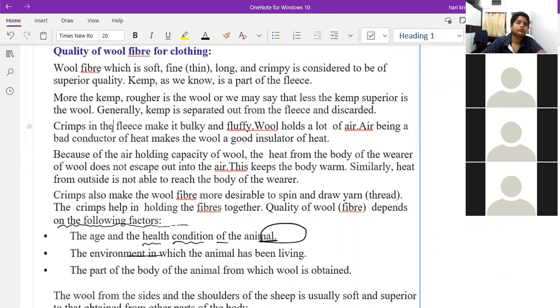If you have a more amount of waste part, all the fiber will not be good quality. So what is the meaning of crimps? That curly hair part will be there on the wool, right?